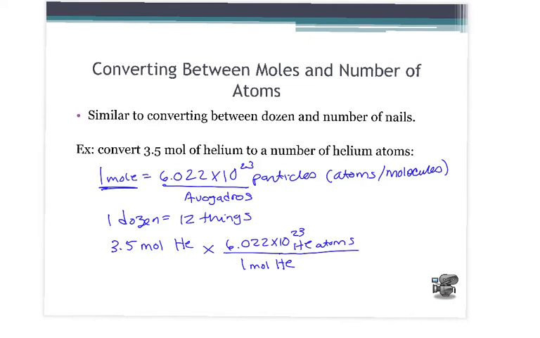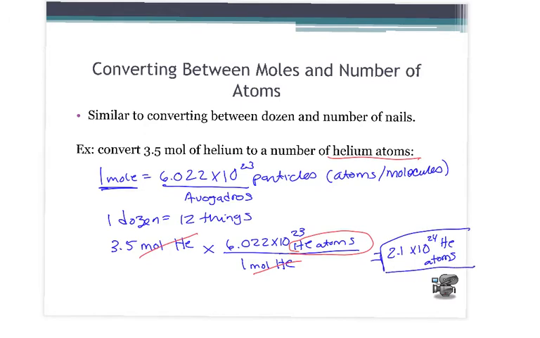So it's a straightforward calculation in which our moles cancel out and we are left with helium atoms, which is our desired unit. And so when we plug this in, we end up with 2.1 times 10 to the 24th helium atoms. You can see that's a very big number to deal with, and that is why it's much easier to say 3.5 moles than to say we have 2.1 times 10 to the 24th helium atoms.